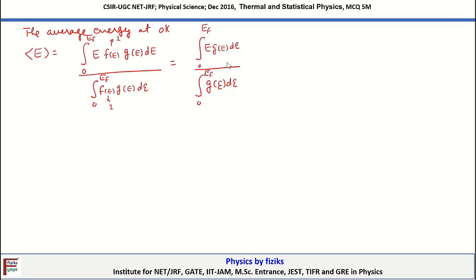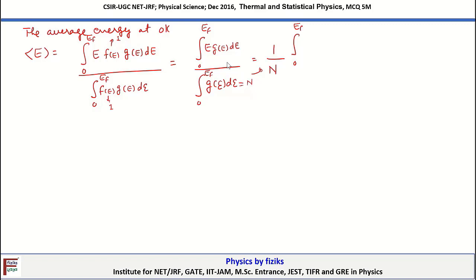If you just take a look at the denominator, the denominator will simply give us the total number of particles, as we have just done in the previous step. So this is simply the number of particles here. So the average energy comes out to be equal to 1 divided by N, this number, and then the integration in the numerator from 0 to EF.